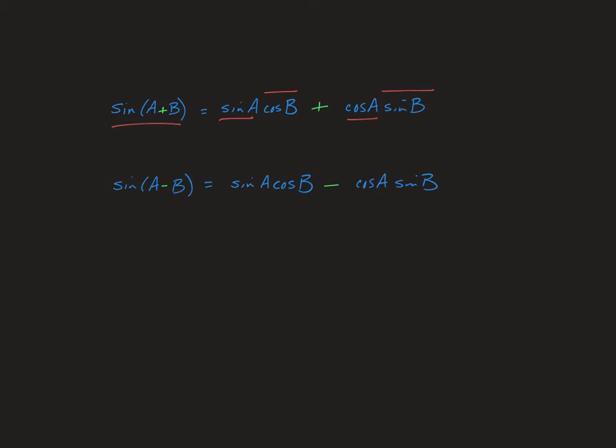So, since I included my sine A here, then I know that it must be the cos of A in the next term, the other ratio. And you'll notice the same pattern exists for our B's. Since I had the cos of B in this term, then I must have the sine of B in the last term.